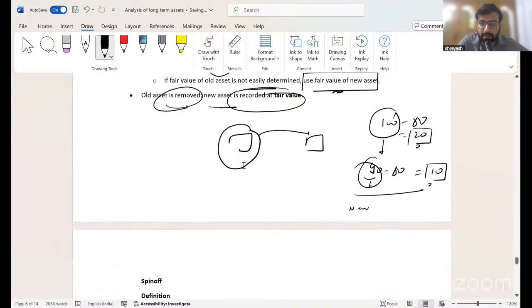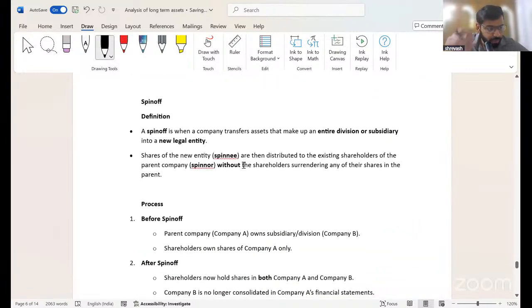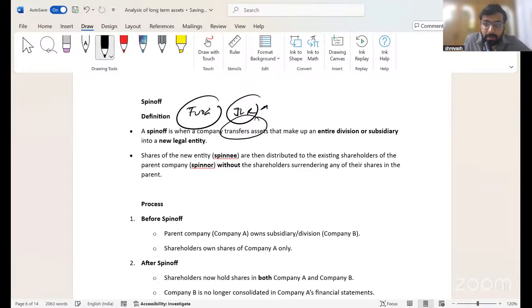Right? In this case. Sir, what do you mean by spin-off? Let's say, for example, Ford selling one of its divisions called JLR. That is called a spin-off, where a company transfers assets that make up an entire division or subsidiary into a new legal entity.